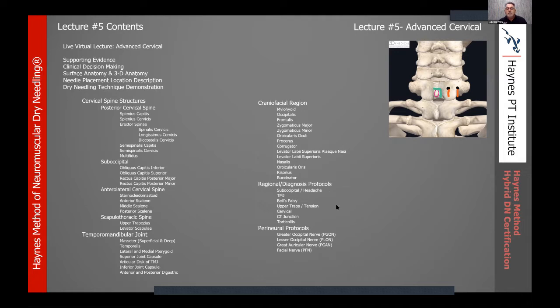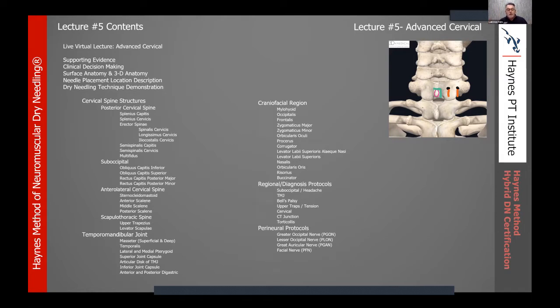And then we'll look at our diagnosis protocols: our suboccipital, our headache, our migraine, TMJ dysfunction, Bell's palsy, that general upper trap tension that we get, and just general cervical pain that we deal with. Then we'll look a little bit more at things closer down to the CT junction, the cervical thoracic junction.